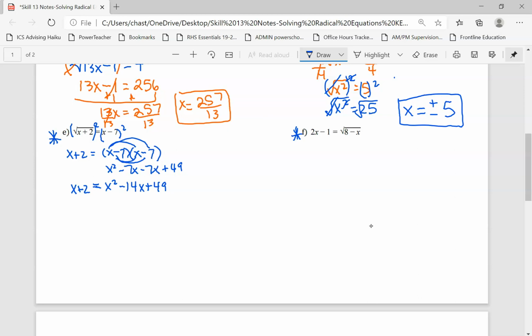I have to make one side 0 since this is quadratic. We get 0 equals x squared minus 15x minus 51. No, hold on, 47.